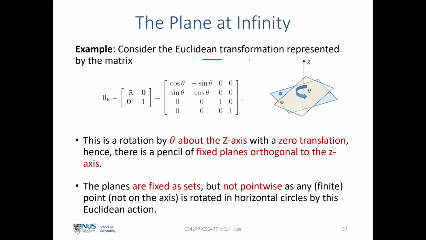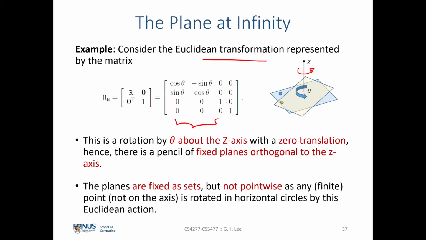So this is a Euclidean transformation which we have seen earlier, and it's denoted by this particular matrix here. So what it means here is that I'm rotating around the z-axis here. So that's why the last column here of the rotation matrix is going to be 0, and there's no translation here, hence the last 3 by 1 vector over here is going to be 0.